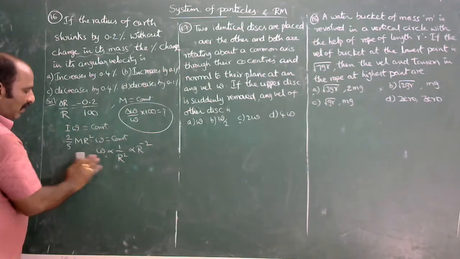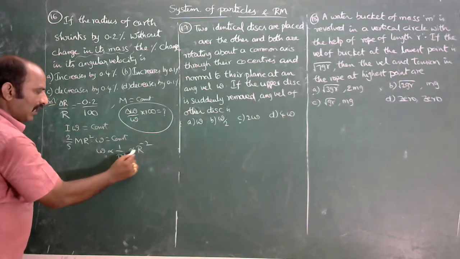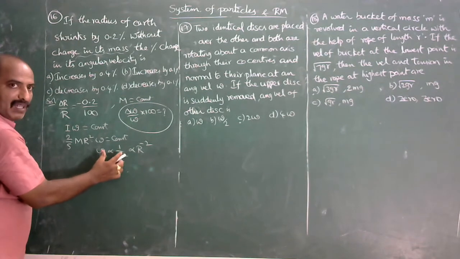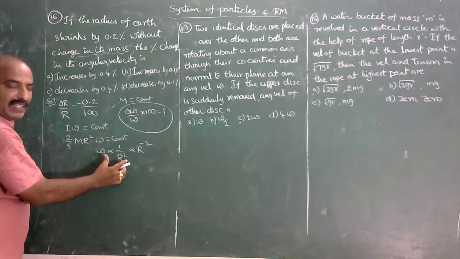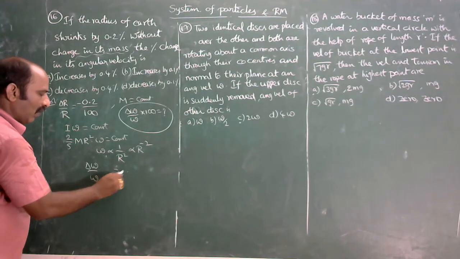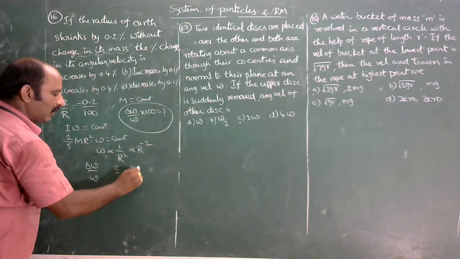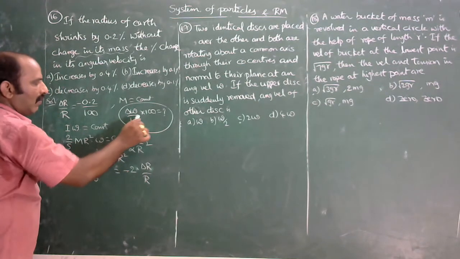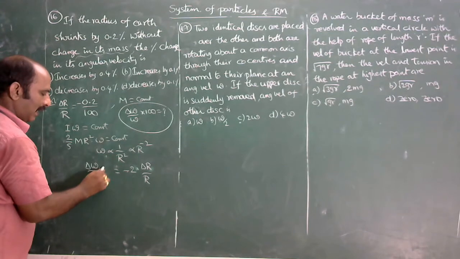Okay, now omega proportional to r power minus 2. Now take logarithm on both sides and then differentiate. Finally we get delta omega by omega is equal to minus 2 into delta r by r. Now both sides multiplied by 100.